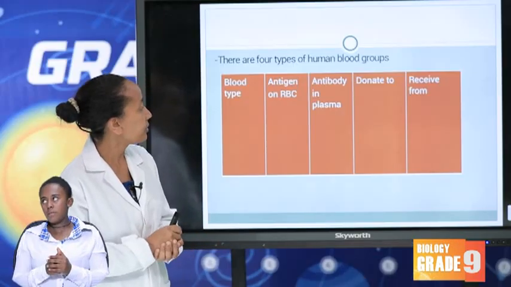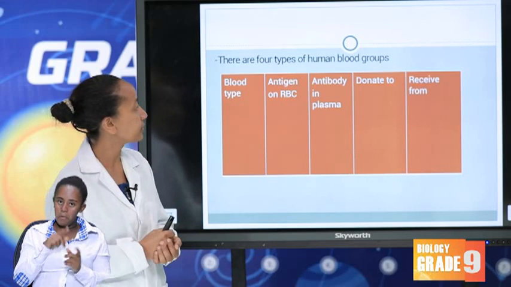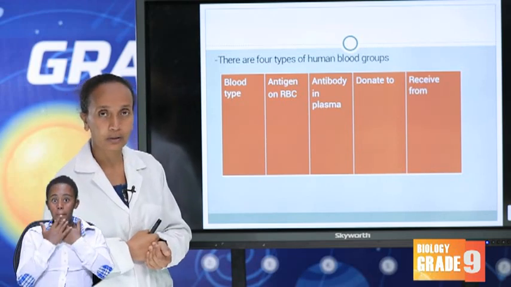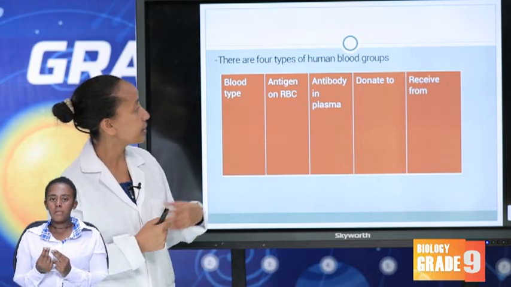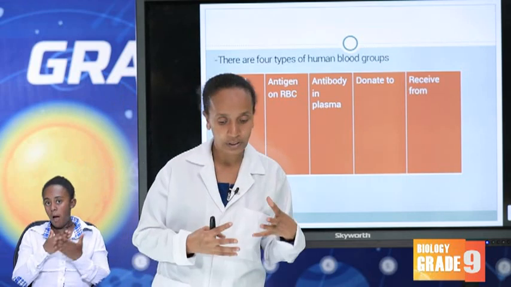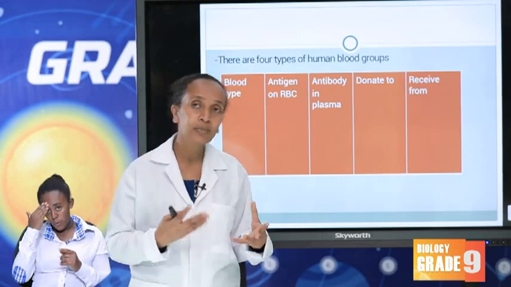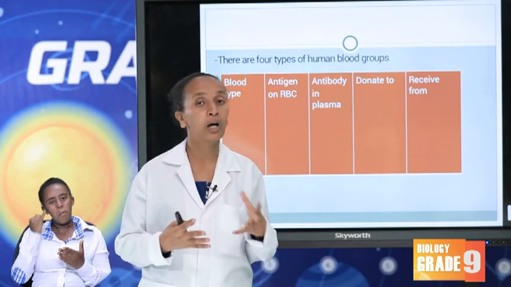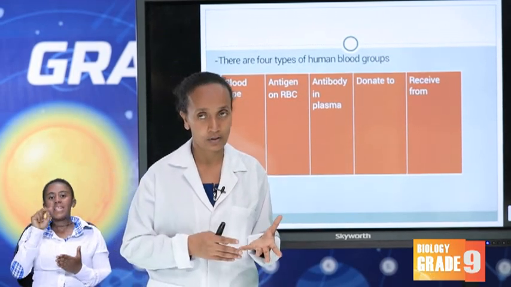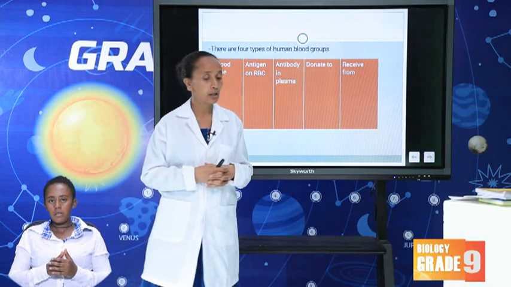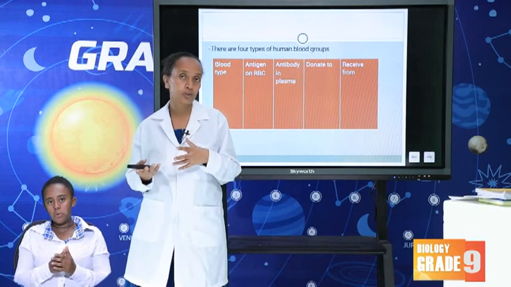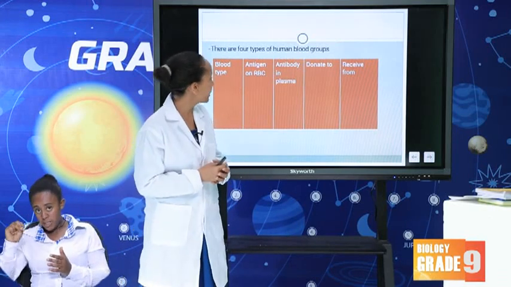The next one that we are going to see is blood grouping. In this part, before we look at blood grouping, we need to know some ideas about antibodies and antigens. I hope you have learned the difference between antigens and antibodies.